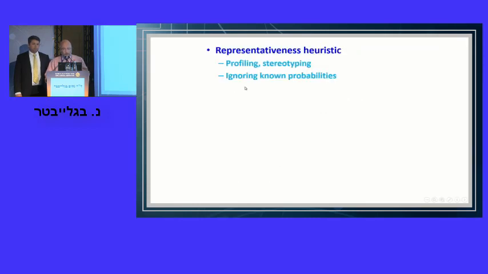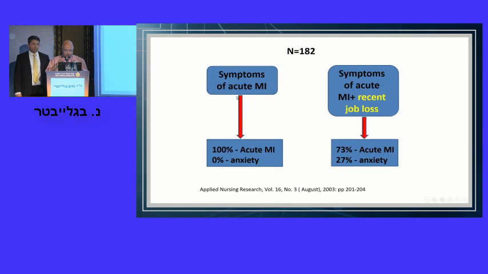Okay, so we talked about the representative heuristic. Let me give you a nice example. This was done with registered, well-trained nurses in the ER, and they were given vignettes, little stories of symptoms. Somebody comes with symptoms of acute MI: chest pain, sweating, etc. 100% of the nurses diagnosed acute MI and called the internist.